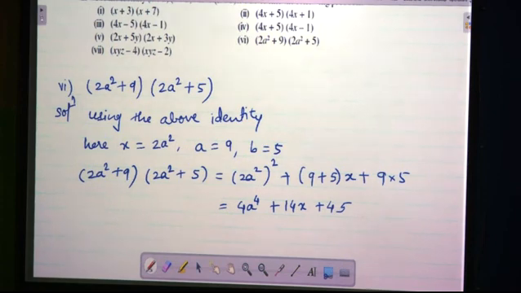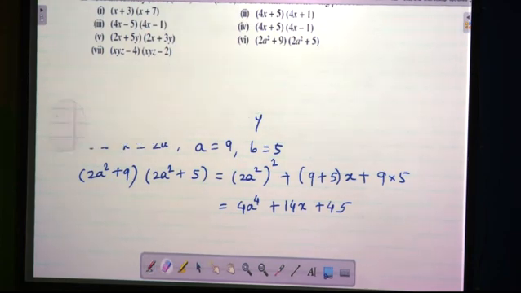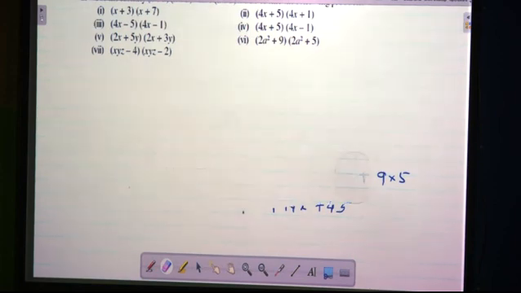Now, I will not solve the fifth sum, I will solve the fourth sum. 4x plus 5, 4x minus 1. I will solve the fourth sum because the fifth sum is a normal thing. In the fourth sum, a value is positive and b value is negative. I will solve that.